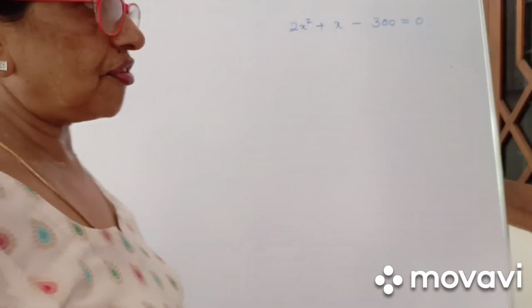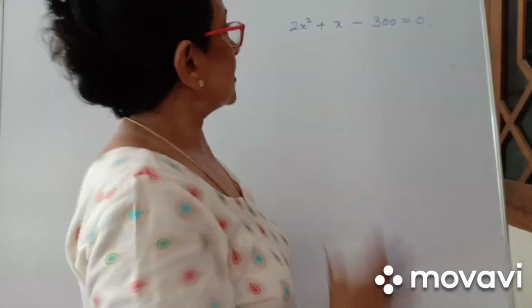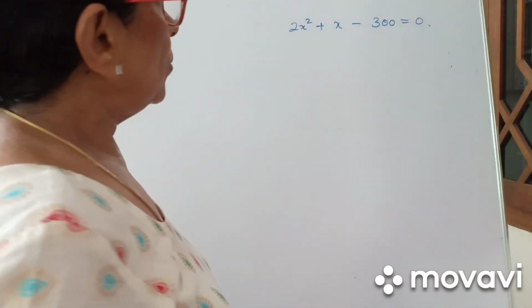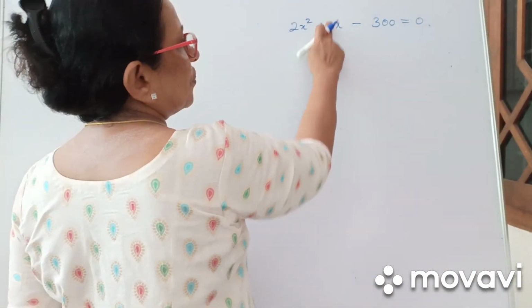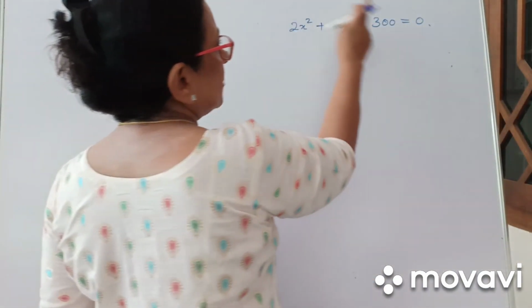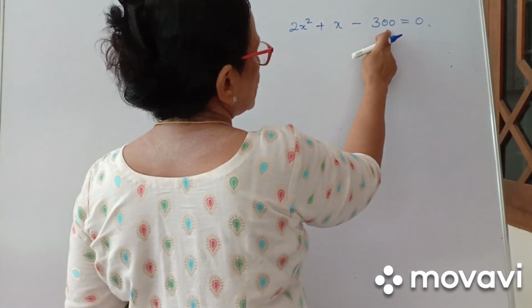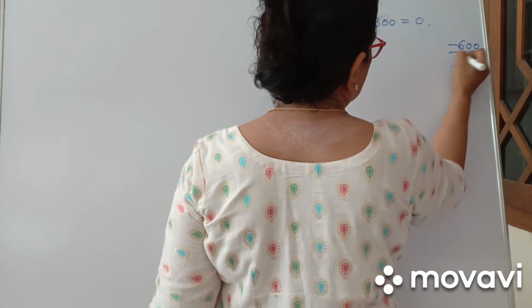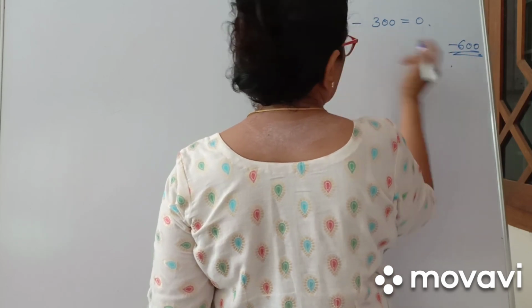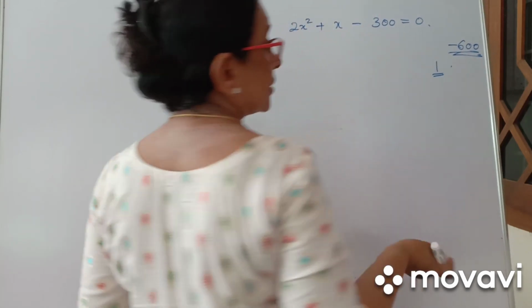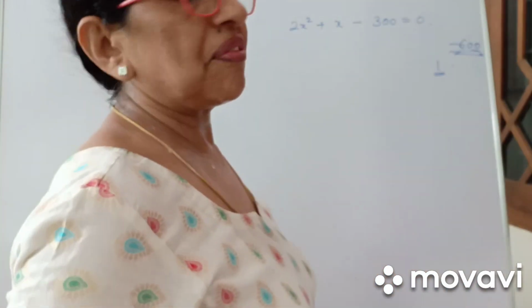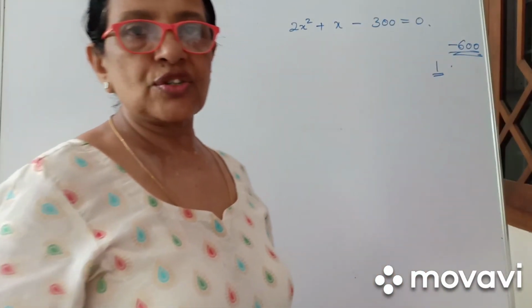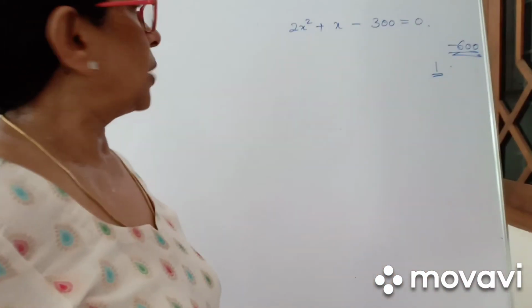It is in the standard form. Now the coefficient over here is 2, and multiplying these two, how much do you get? Negative 600. And the sum or the difference of the two numbers should be 1.